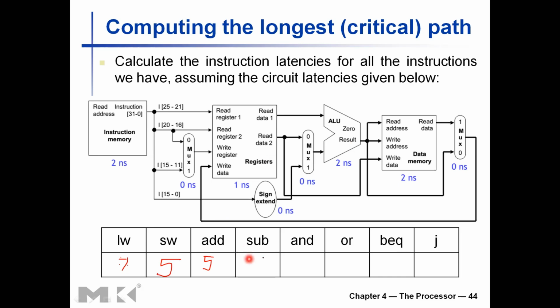So all our R type instructions will consume 5 nanoseconds. Any R type instruction will use the same data path elements: instruction memory, register file, ALU, and these multiplexers, but we assume the multiplexers will not consume time. So 5 nanoseconds total. What about the branch instruction then?